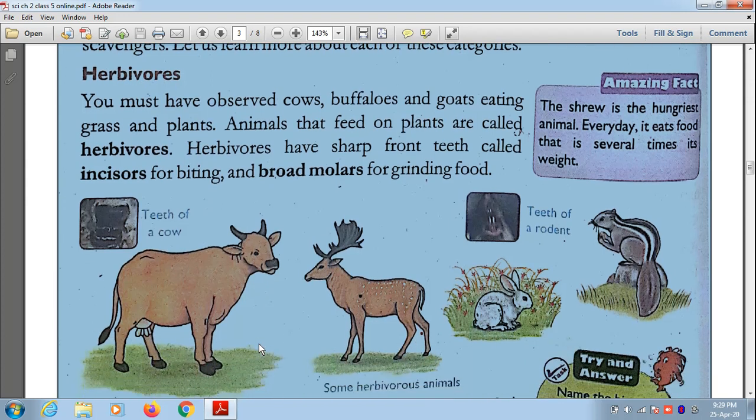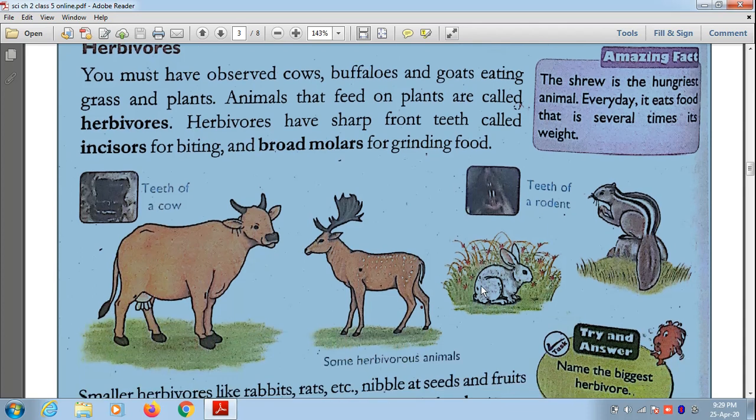A cow, a rabbit, a squirrel, all these are herbivores, and they have sharp front teeth called incisors which help them in biting something, and they have broad molars so that they can keep on chewing the cud, right? That's why they have those broad molars so that they can even digest this tough grass that contains cellulose.